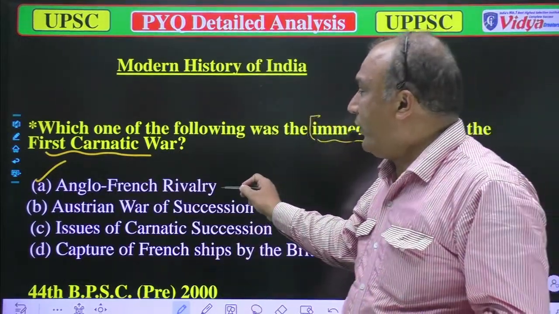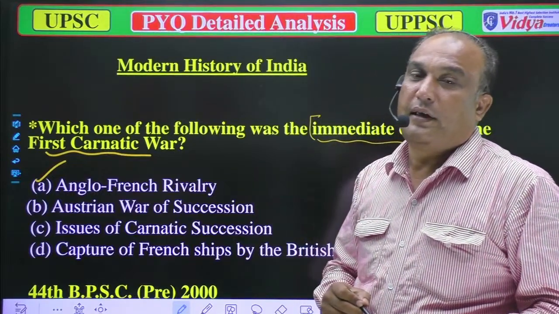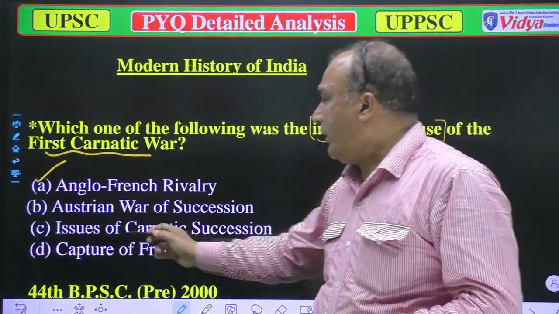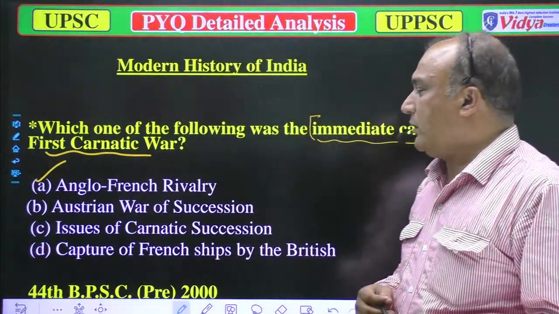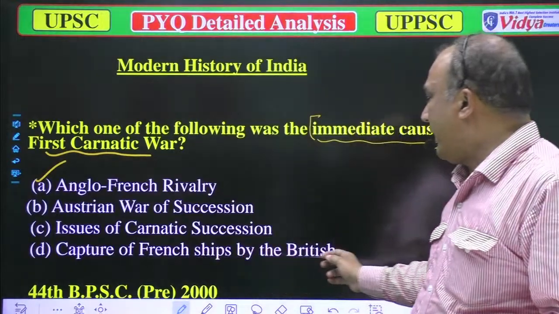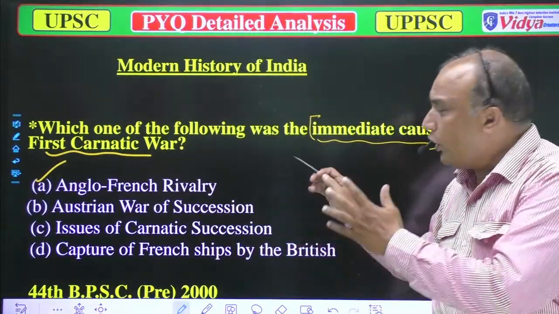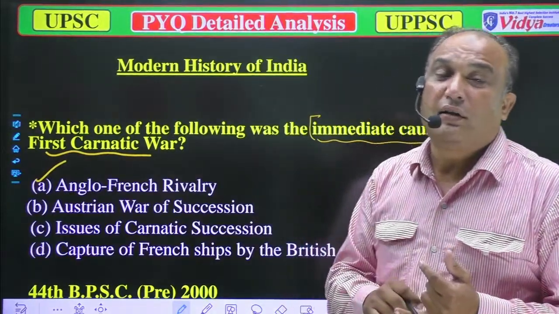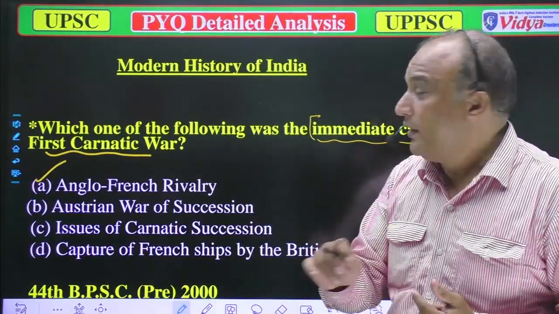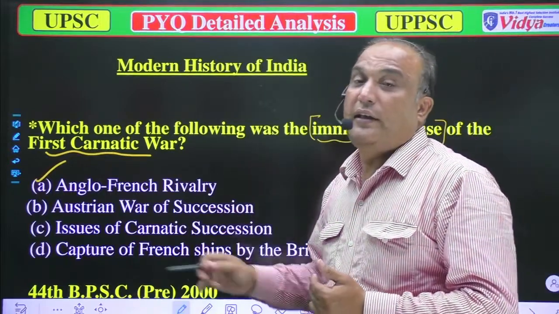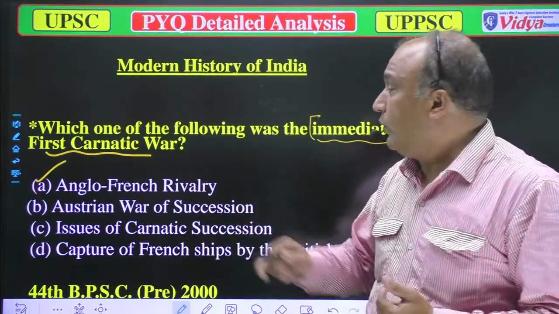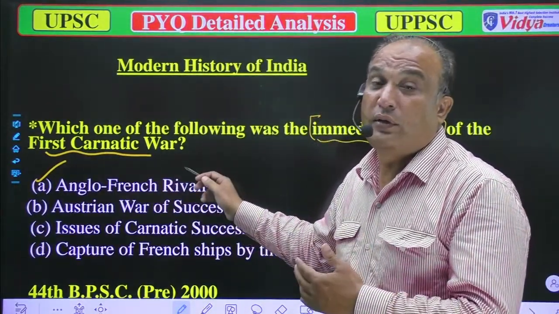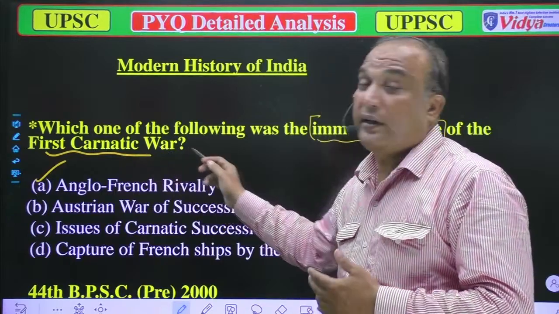So Anglo-French rivalry, Austrian War of Succession, issues of Karnataka succession, capture of French ships by British. All these factors are right; all these causes are right. Anglo-French rivalry is known as the Karnataka War.